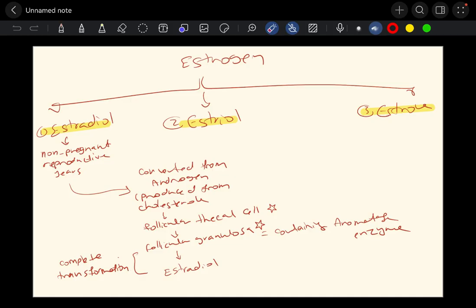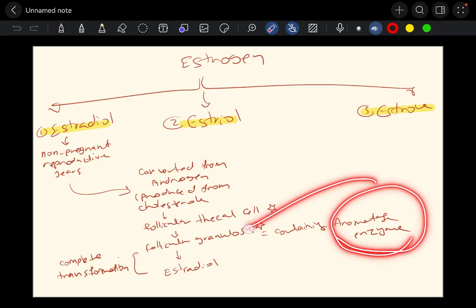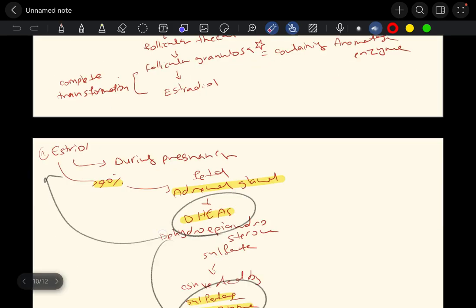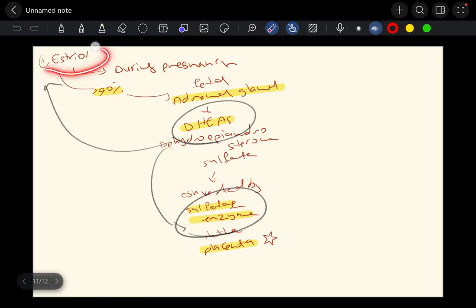Estradiol is converted from androgen, produced from cholesterol, moving from the follicular theca cell to the follicular granulosa cell by the aid of the aromatase enzyme, which converts it to estradiol. And estriol is common during pregnancy.